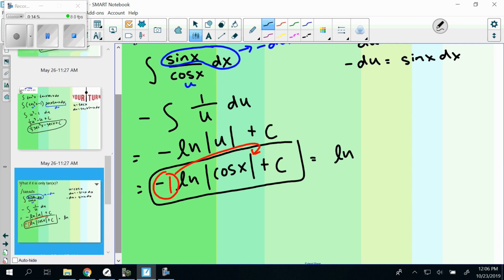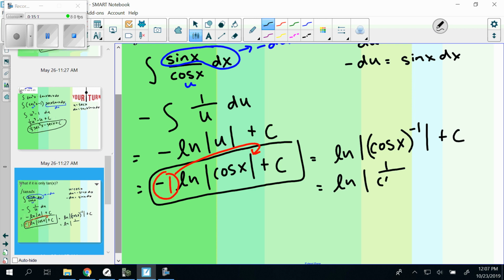It'd be natural log of cosine x to the negative 1 power plus c. Well, remember something to the negative power means it's in the denominator, so we could write it as cosine x to the first power down there. Well, what do we know 1 over cosine x is equal to? That would be natural log of secant x.